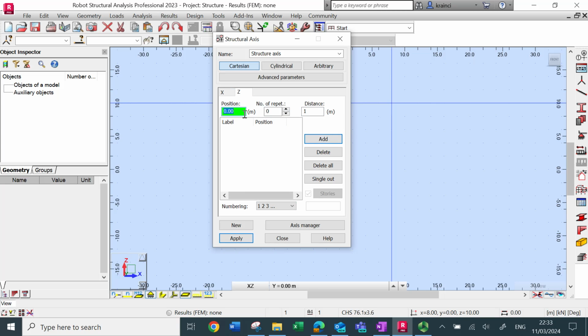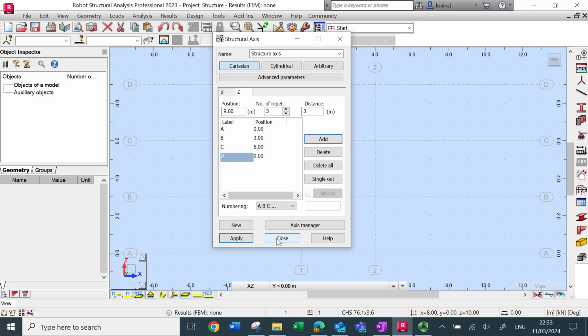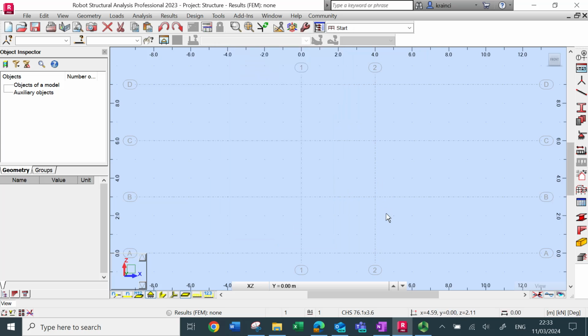And in the Z direction, I will change this to ABC, and it's 3 repetitions for 3 stories, and the distance is 3 meters. Close. So this helps to create the frame.